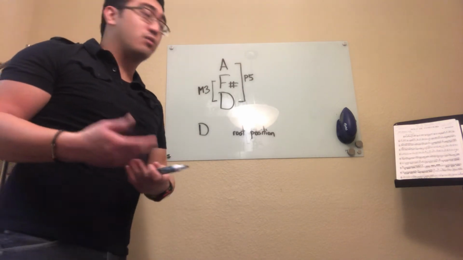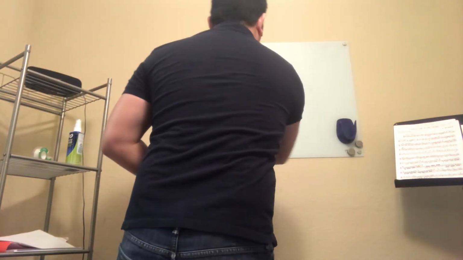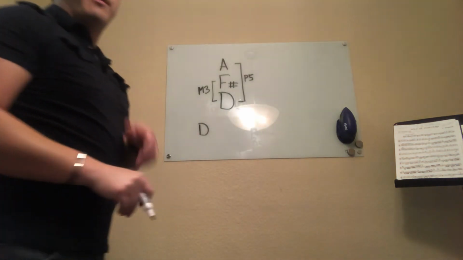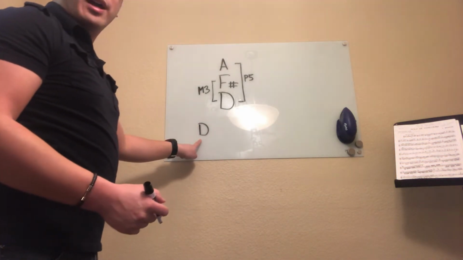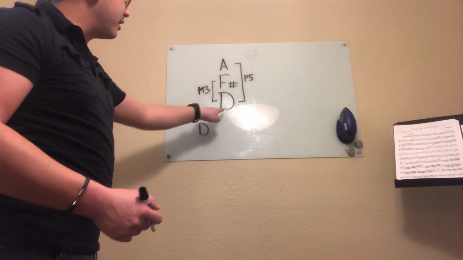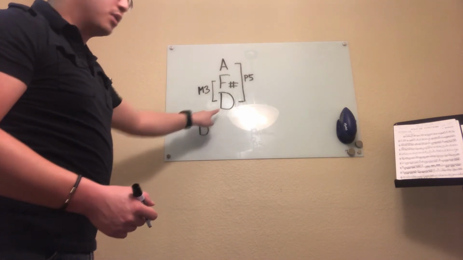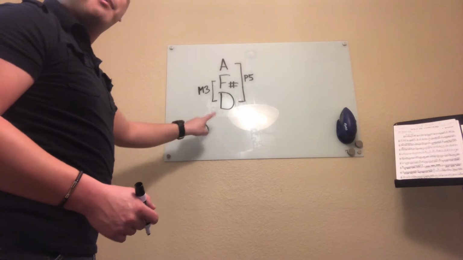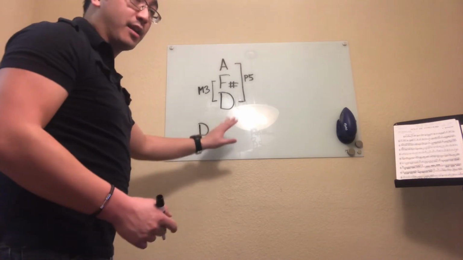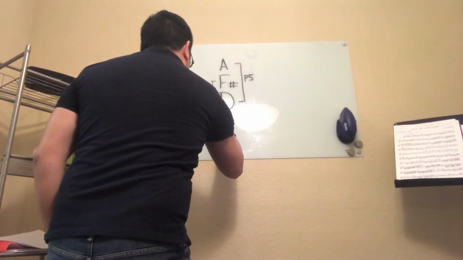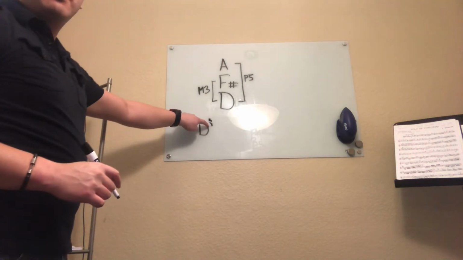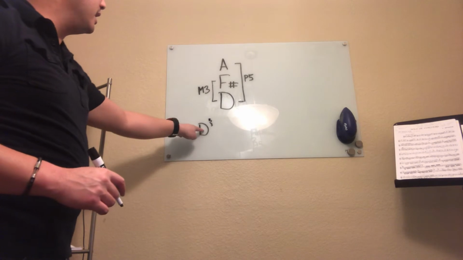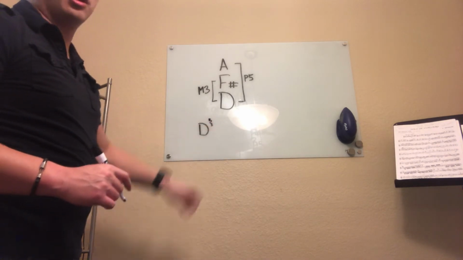When you notate root position, the formal way to write it out would be the kind of triad, capital D, because D is the root, and it's major, so it's going to be a capitalized letter with nothing else. 5/3 is going to tell us that this is a D major triad in root position.